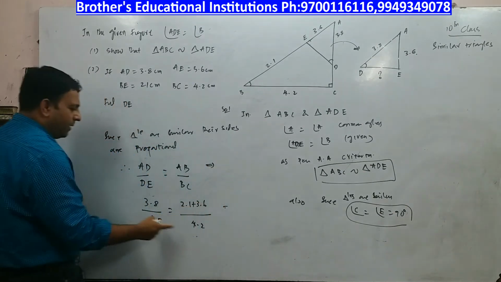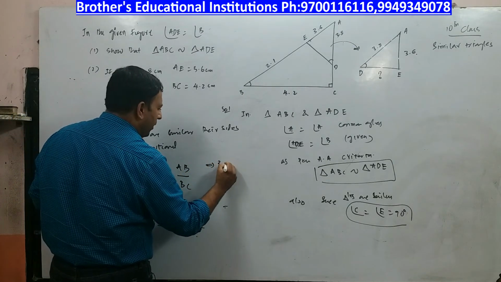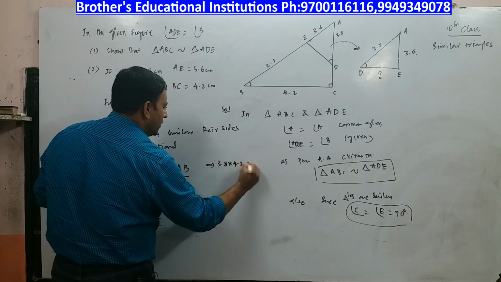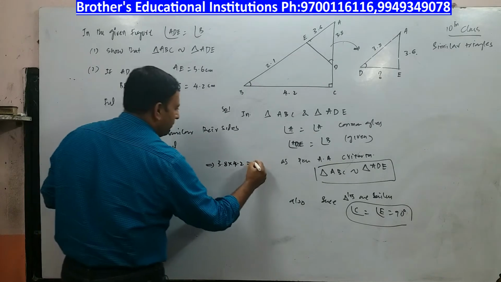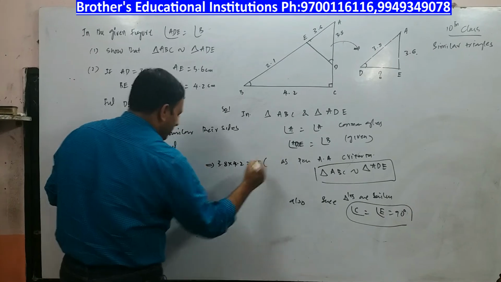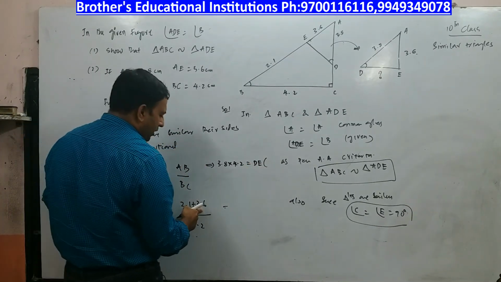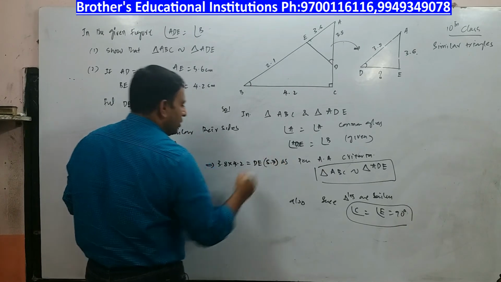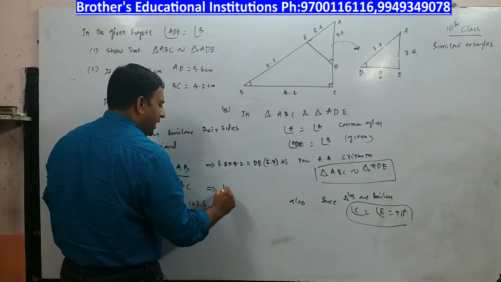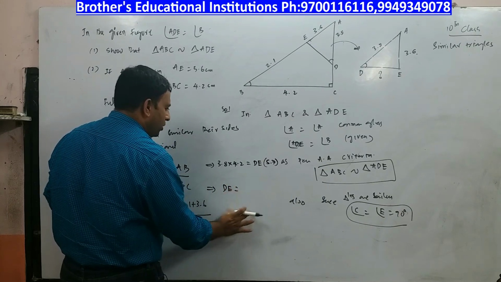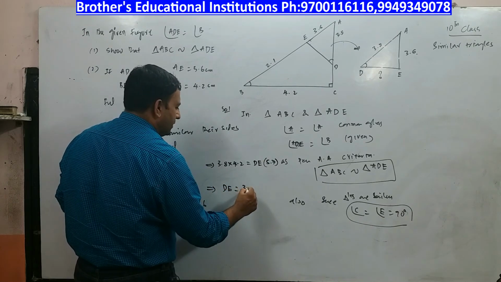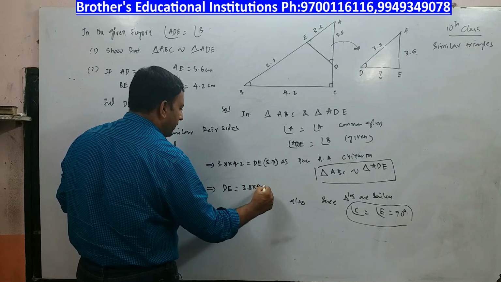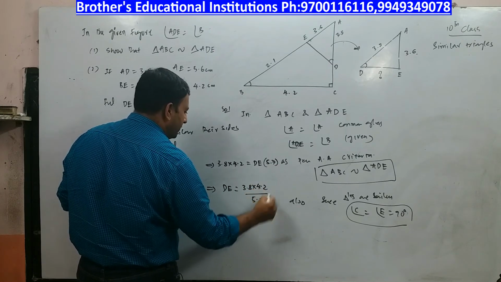When I cross multiply, I will get 3.8 into 4.2 is equal to DE into 2.1 plus 3.6, which is 5.7. So now I will write, it implies DE is equal to 3.8 into 4.2 by 5.7.